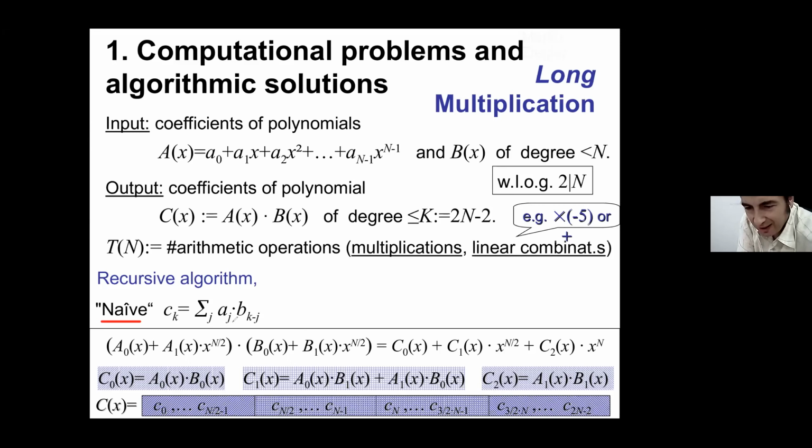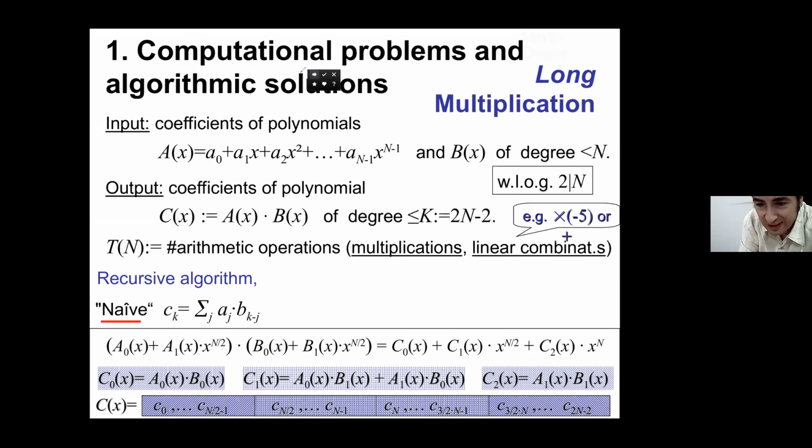But we saw that we can do this a little bit better. We broke our polynomials into two halves. When the polynomial has degree capital N, we split it into the first half of the coefficients and the second half. Then we said we can build the product by multiplying these halves, where you must be careful.